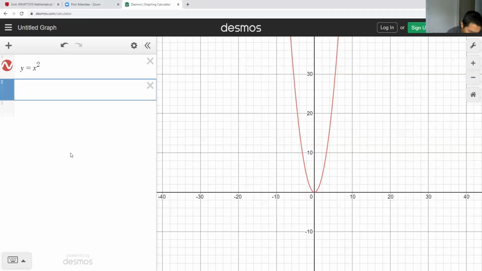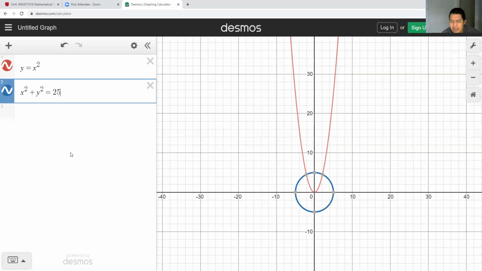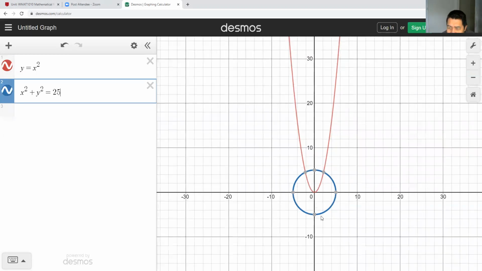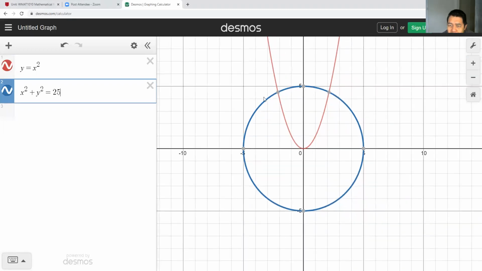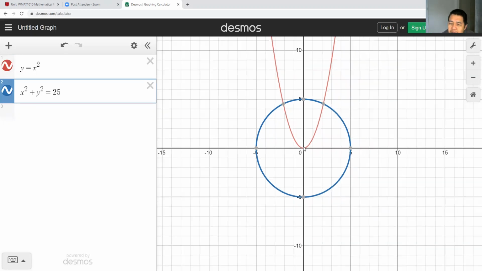Now, when I have the equation x squared plus y squared equal to 25, the second graph, the blue curve, is a circle. So this is the equation of a circle.